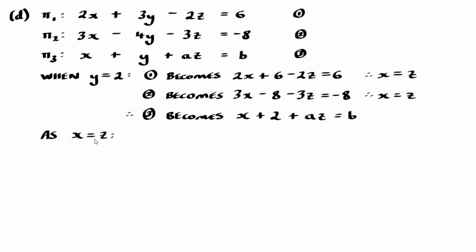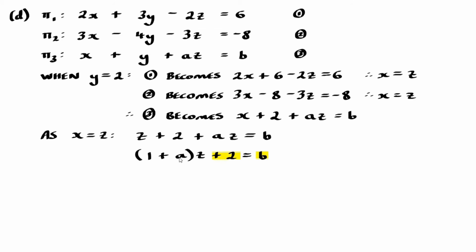But as we know that x is equal to z because these three planes form a sheaf, we would have z plus 2 plus az equals b. In other words, I've replaced the x with z. We now can find a and b with this equation.